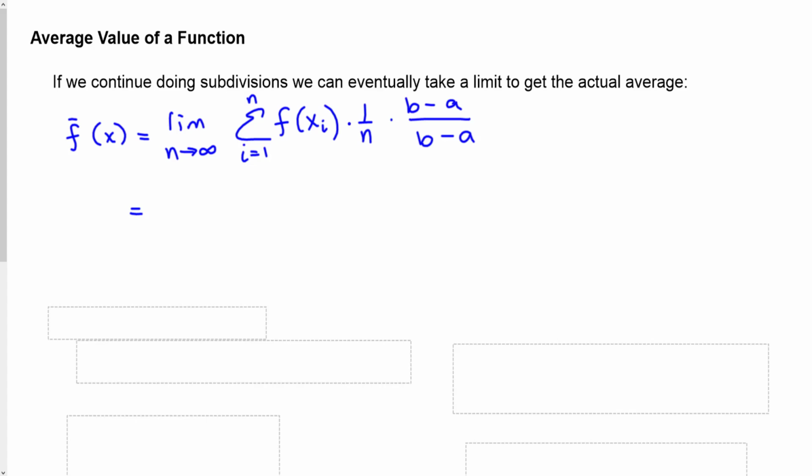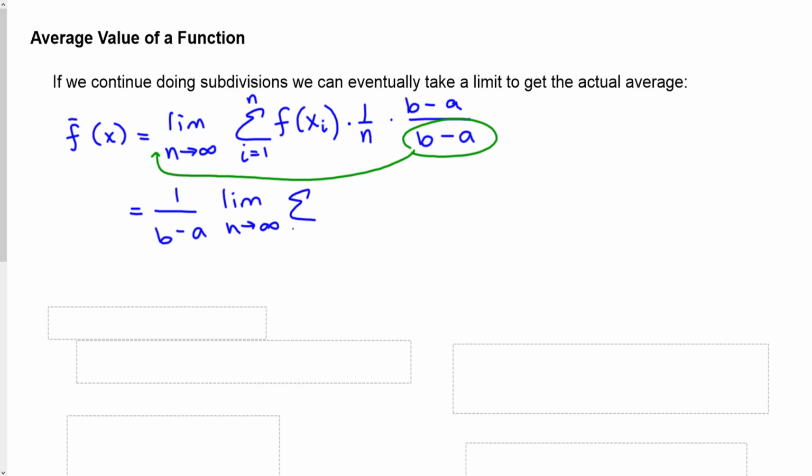So I'm going to take the b minus a that's in the denominator all the way out, make it a multiplier on my limit. So that's then going to be 1 over b minus a times the limit as n goes to infinity of the sum from i equals 1 to n, f of x sub i.